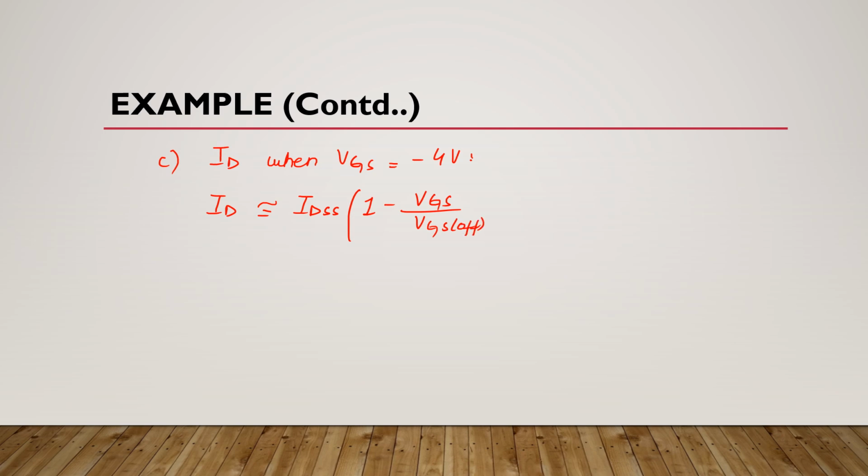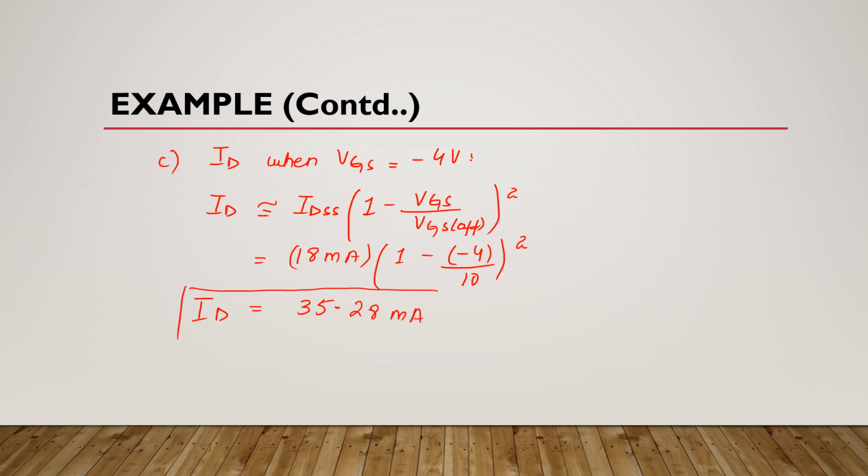Here IDSS is 18 milliamperes and here we have minus 4 divided by 10 whole square. Okay, after solving this you will get 35.28 milliamperes. So this is your answer.